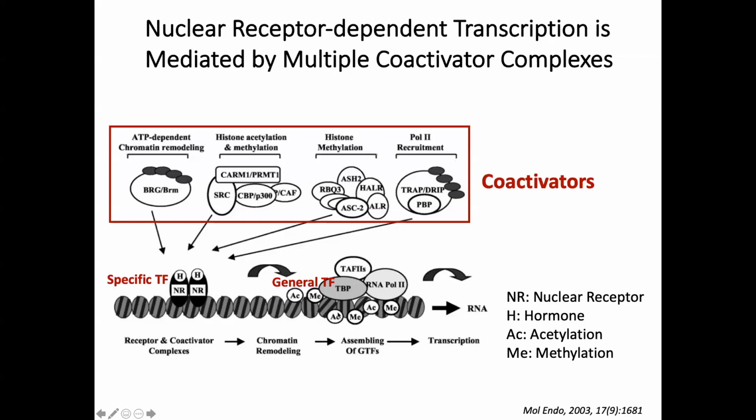And we will discuss this in detail in our next lecture. Similarly, the ASH2 complex can also methylate the histone proteins, but on different amino acid residues on histones, okay? The co-activator complexes also include this mediator complex. The mediator complex can interact with both the transcription factors as well as the RNA polymerase II complex and facilitate the enhancer-promoter looping between the enhancer and promoter regions.